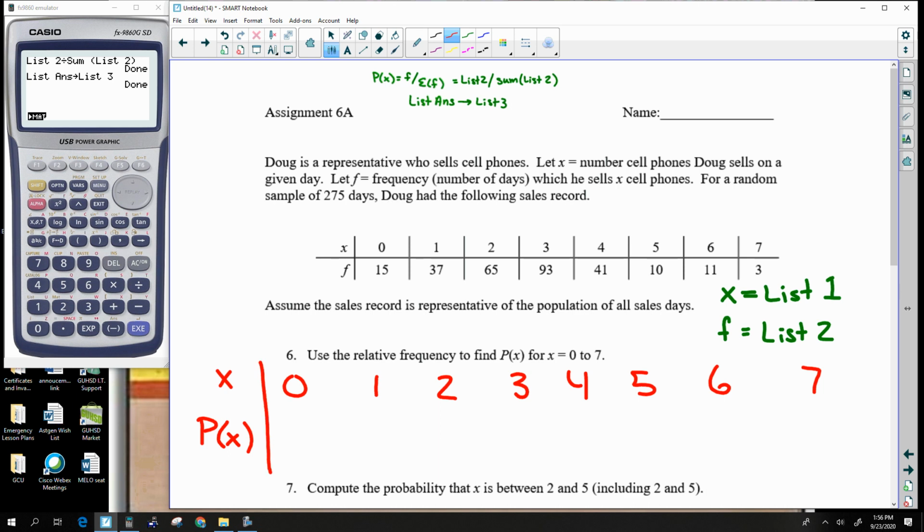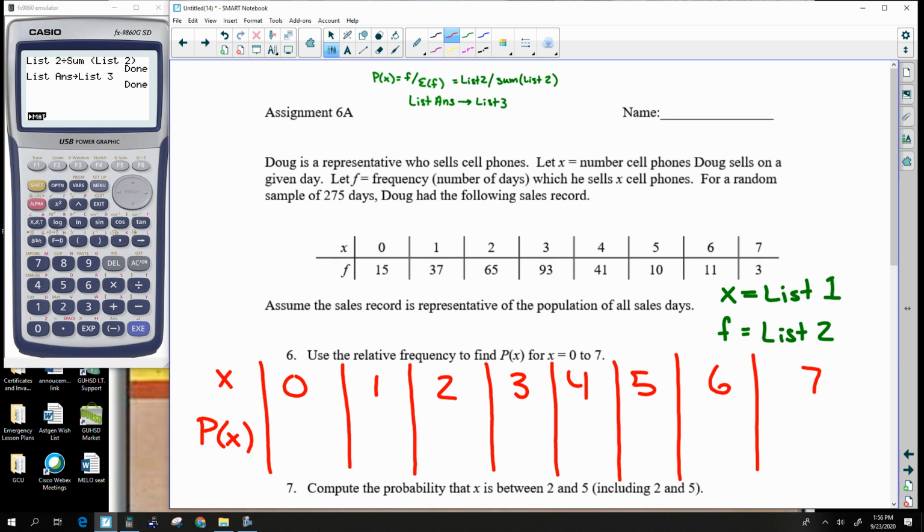Okay, and I want to see a table like this. I want to see this table created when you answer this question. Warning, it's on the test.